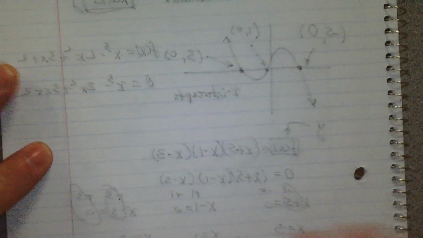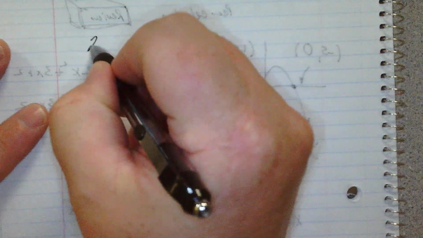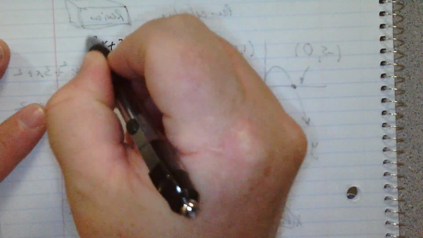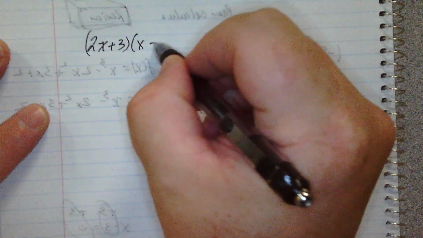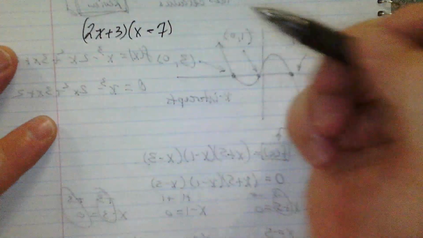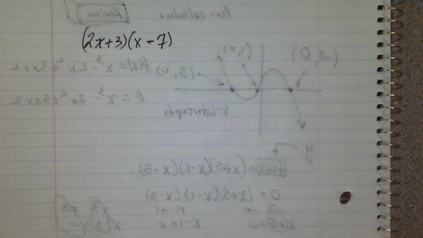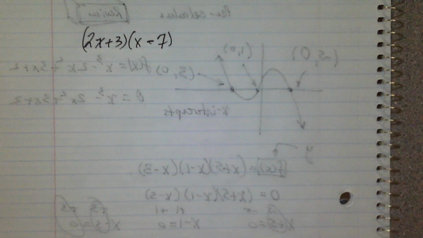All right, let's see here. We're going to do one more example, and then we'll get on with it, all right? So now let's say we had something like this, 2x plus 3 times x minus 7, right? Now, the reason we're going to talk about this is because factoring is the opposite of multiplying. Factoring is the opposite of distributing.